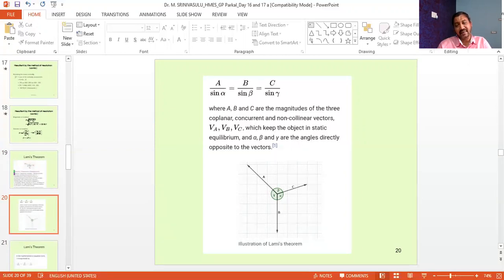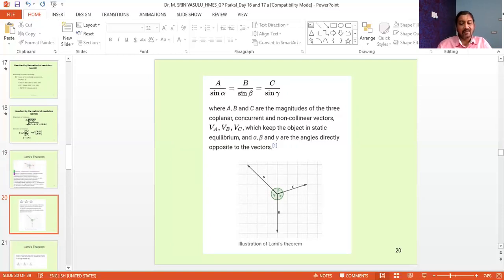In that case, Lami's theorem can be applied, and with this, if any one force and the angles are known, then we can find out the other two forces. Or if all the three forces are known, then we can find out the angles like this.